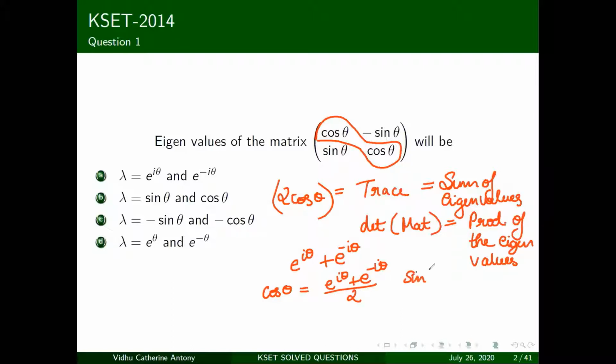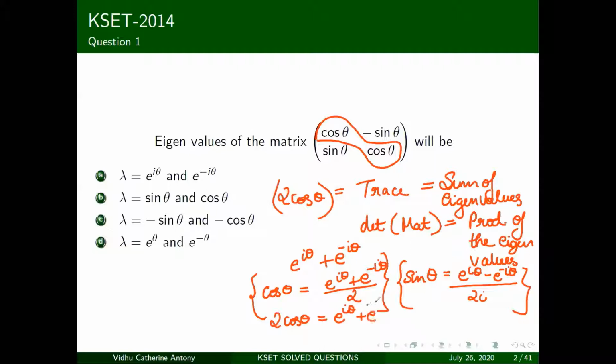And sine theta is equal to e to the power of i theta minus e to the power of minus i theta, divided by 2i. These are the formulas, and I think you should be pretty familiar with them because we've used them a lot of times. So when you do 2 cos theta, you end up getting e to the power of i theta plus e to the power of minus i theta. This is going to be your answer. It's going to be option A.